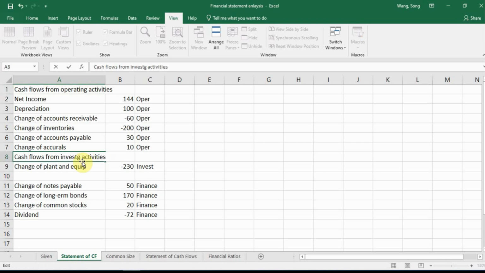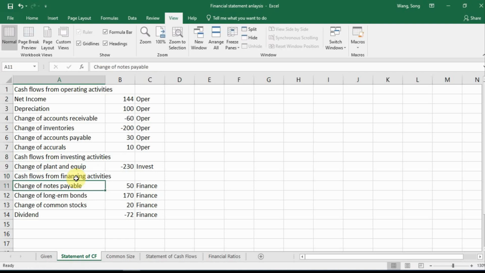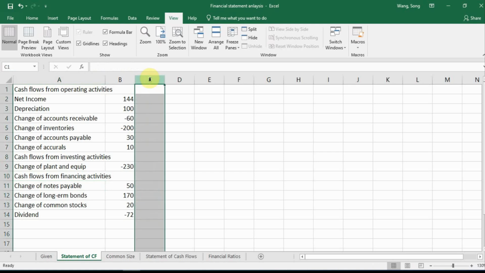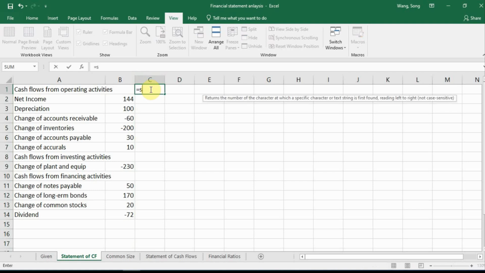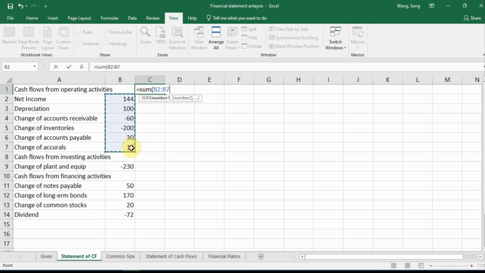I'm lazy, so I just do copy and paste and change some numbers. Then you also have cash flows from financing activities. And I'm going to calculate all the subtotals, which is a summation of the numbers in the same category.